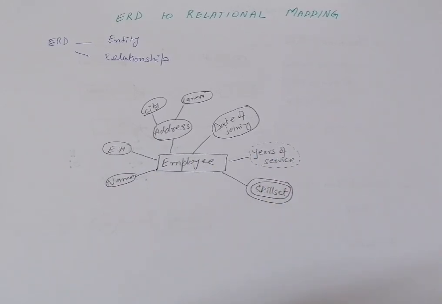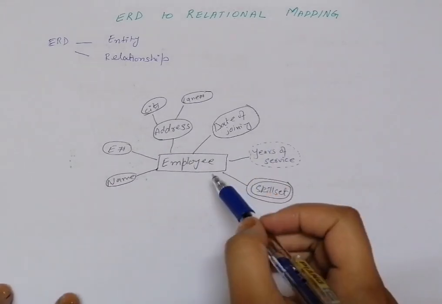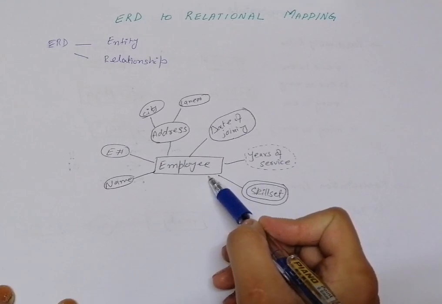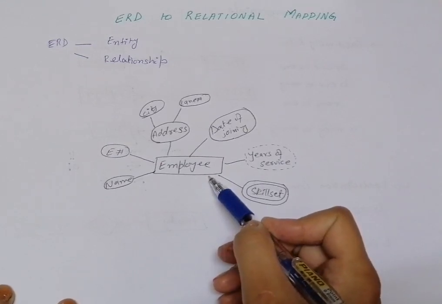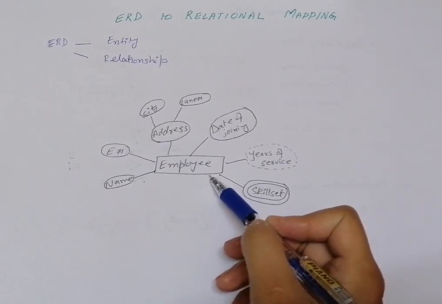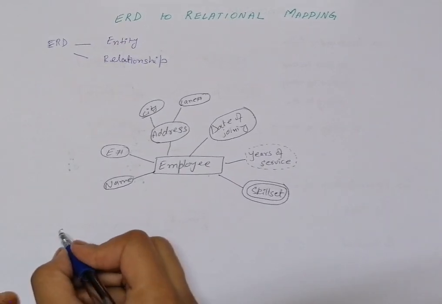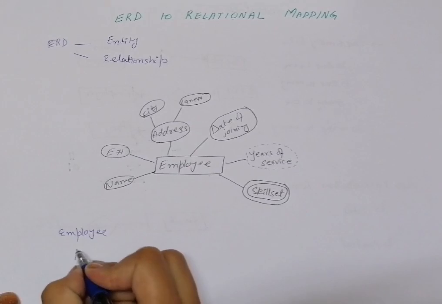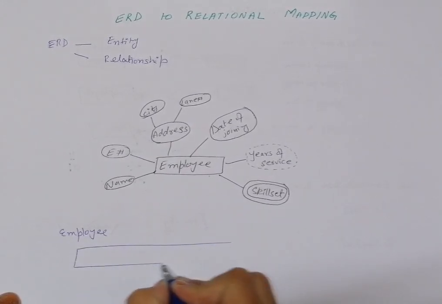We will see how we are going to model this type of entity into the relational model. There are a couple of things that you should know. Every entity, either a strong entity or a weak entity, will be converted into a table. That means I will have a table with the name employee.